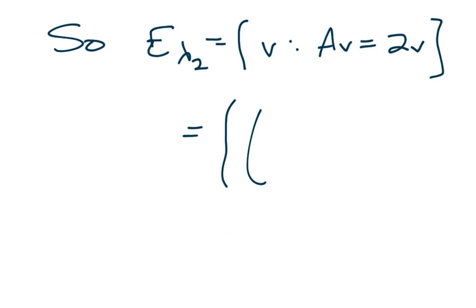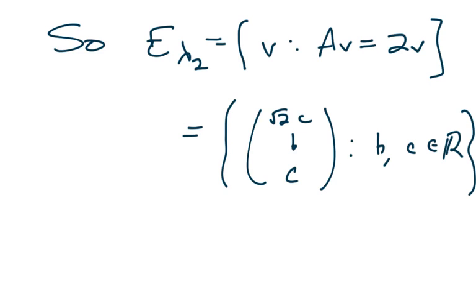So this is going to be root 2C, B, C. And here, the only requirements are that B and C are just scalars. All right, so the thing I want you to notice here is that because we have 2 degrees of freedom, B and C, this is a 2-dimensional beast that we're looking at.